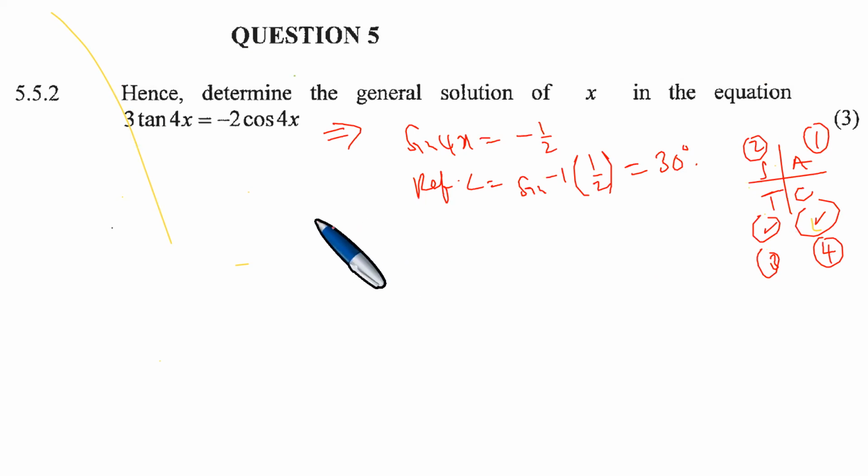So we are therefore getting 4x equals, we want to get the third quadrant, so we're going to say 180 degrees, we add the reference angle, and then the period of the sine is k times 360 degrees.